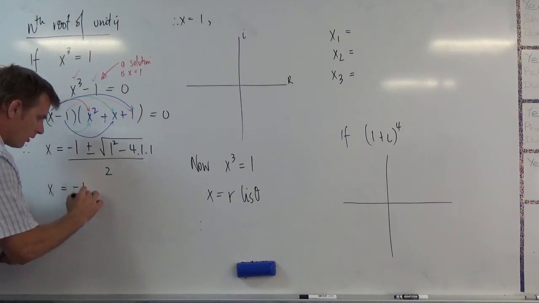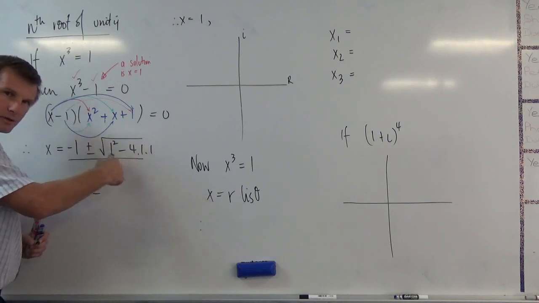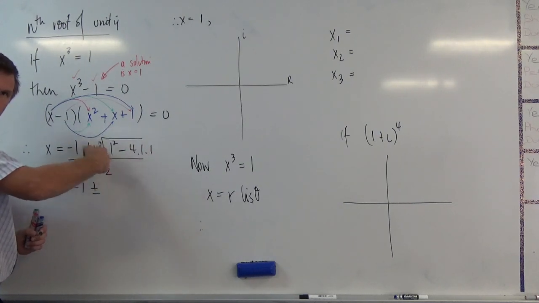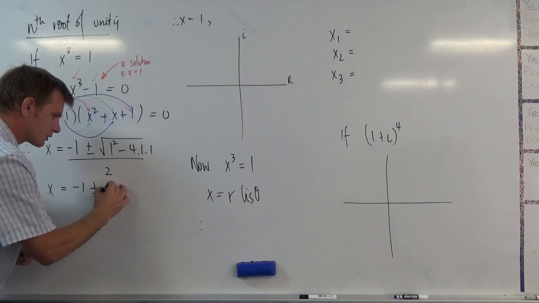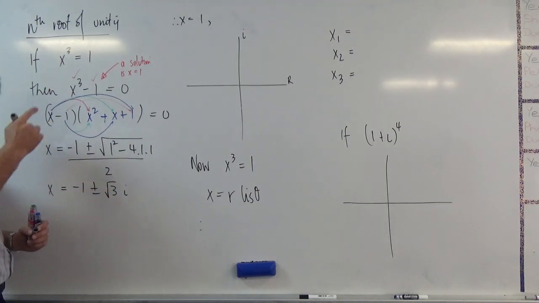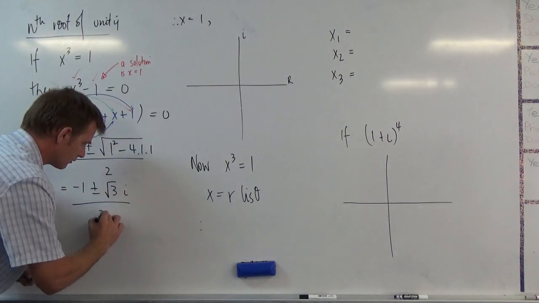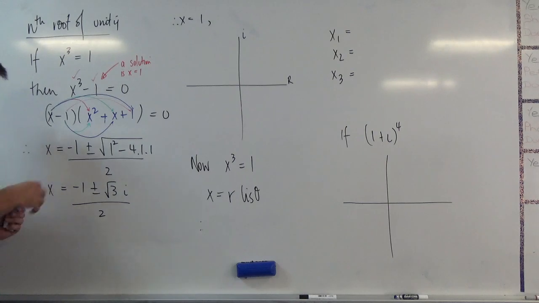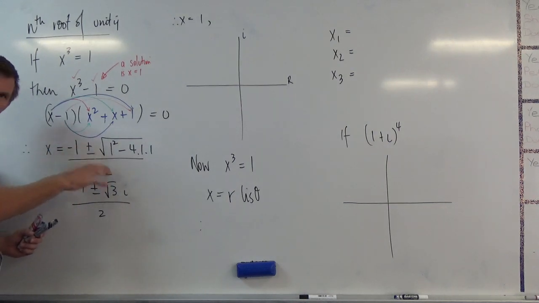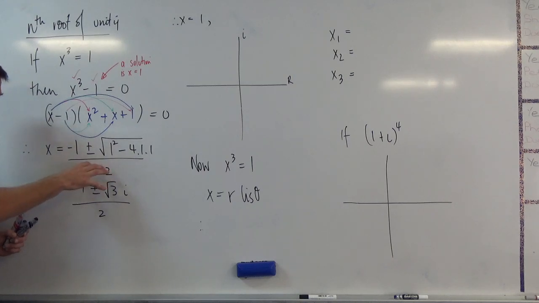So then we end up with minus 1 plus or minus, what do we got here? Minus 3, don't we? Minus 3. So could I say square root of 3 i? Because the i is the square root of minus 1, isn't it? All over 2. So I've got another 2 solutions here, don't I? Because of the plus and minus, I've got 2 solutions that come out of here.